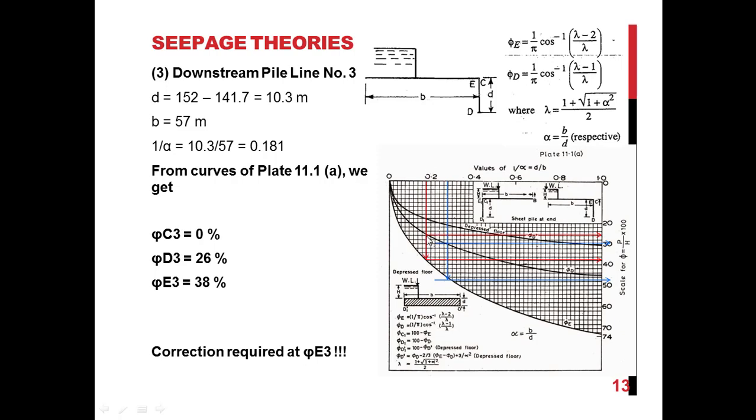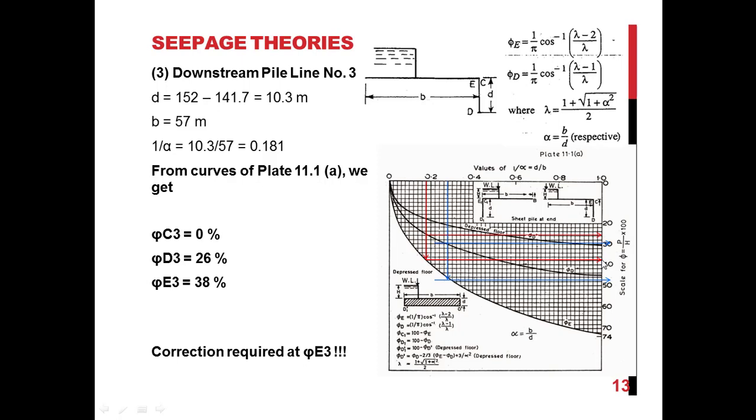Coming to the phi D curve and joining this to the phi D curve, you will get the value of phi D, which is 26%. So this is the value of phi D3 equal to 26%. Now using this 1 over alpha value, 0.181, and coming to the phi E curve, we will get the value of phi E3 equal to 38%.